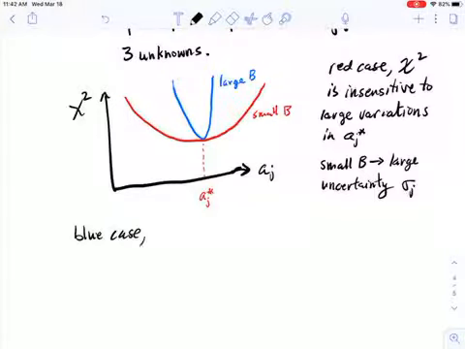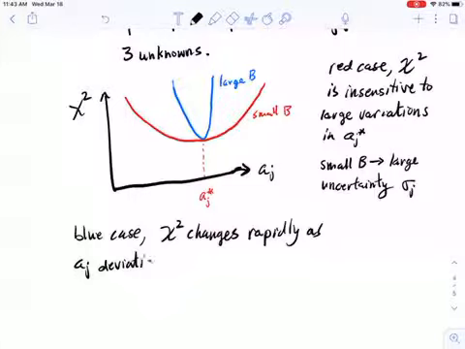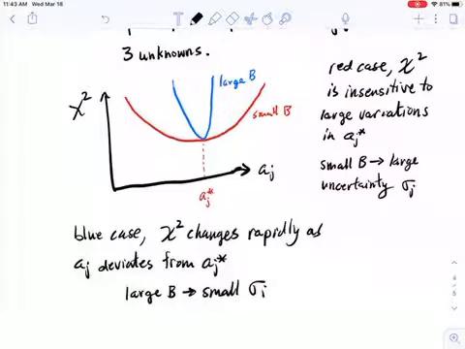In the blue case, chi-squared changes rapidly as aj deviates from aj star. And so in this case, large b corresponds to small sigma j.